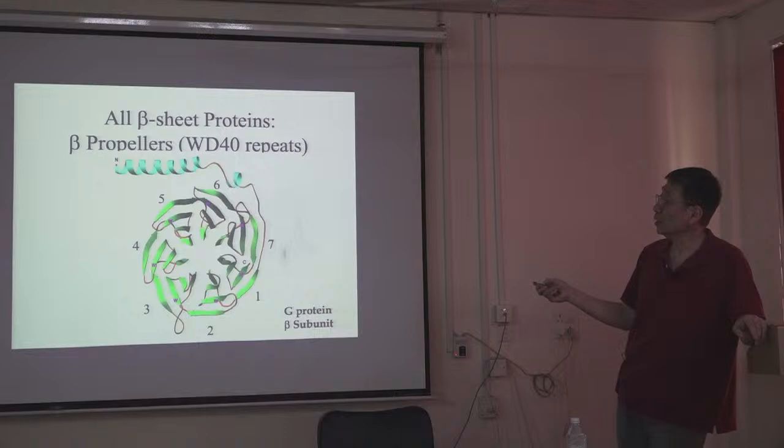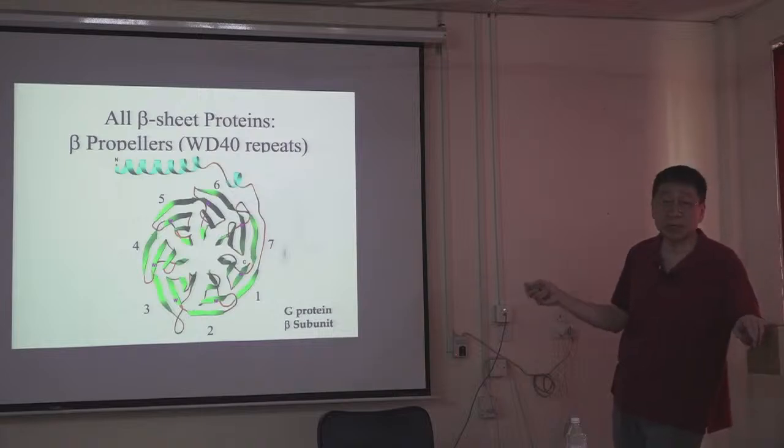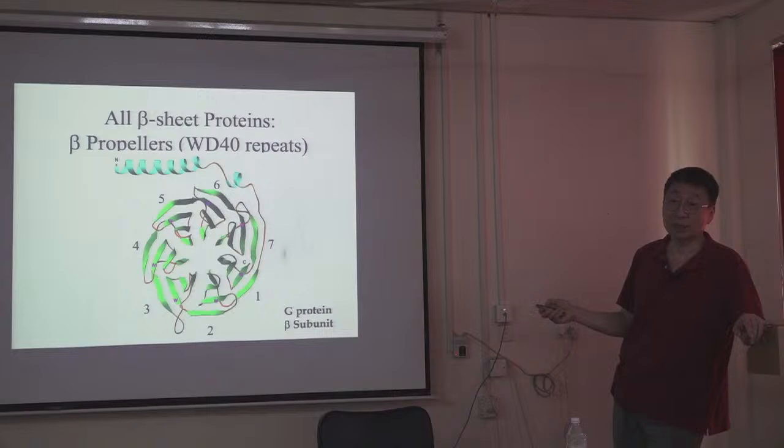What happens is tryptophan is repeated every 40 residues or so. And that tryptophan sits right here. The reason you have the repeat is that each one is a 4-stranded beta sheet, so the separation between neighboring sheets is about 40 residues. So you have a tryptophan sitting here, a tryptophan sitting there, a tryptophan there, there. So that's why you have this repeat. It's a consensus repeat, not an exact repeat. So it's oftentimes tryptophan, but doesn't have to be tryptophan all the time. Okay.